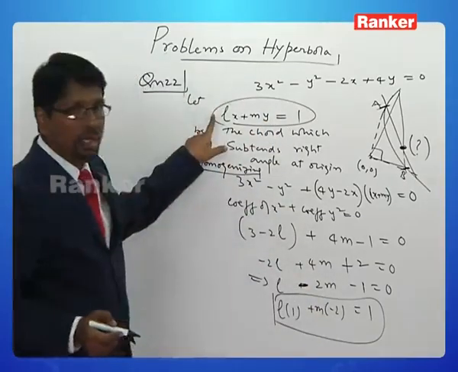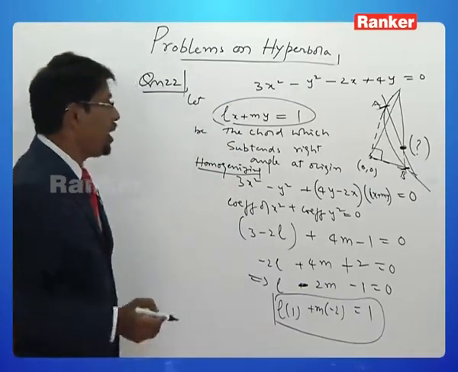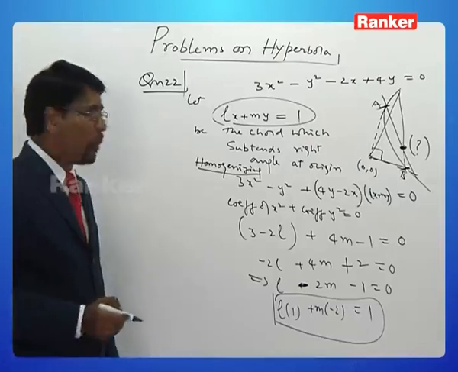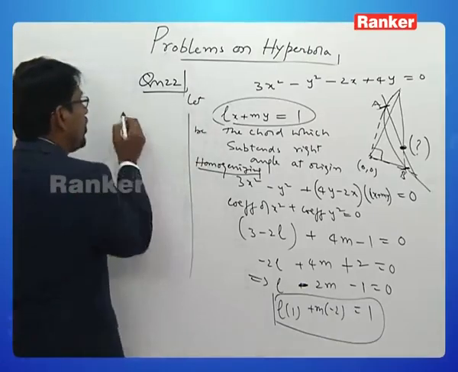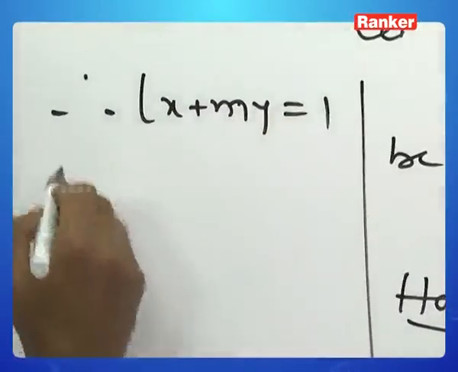So this chord Lx plus My equal to 1, from this condition we can say, will always pass through the point 1 comma minus 2.